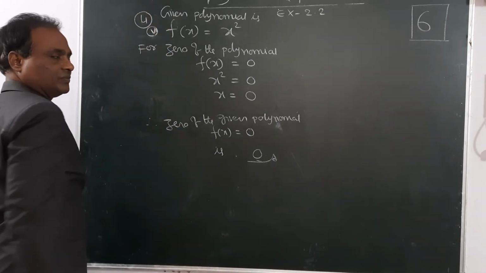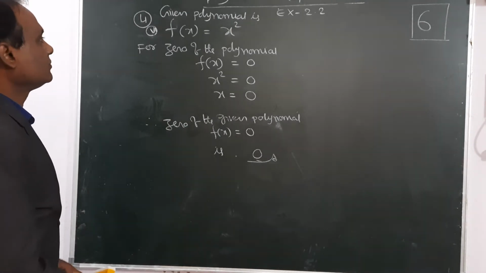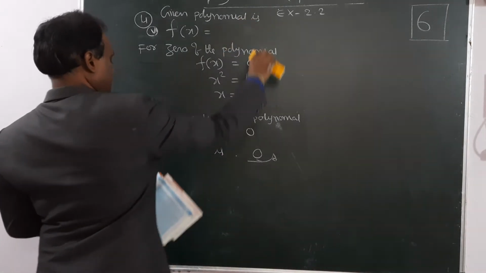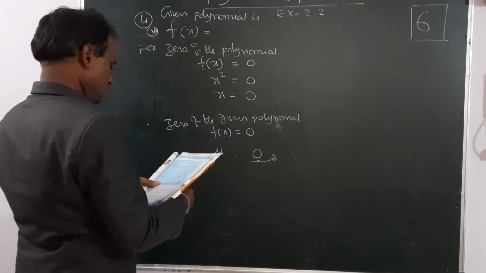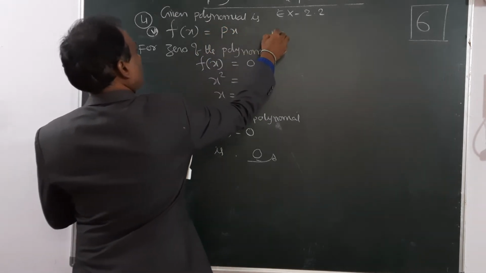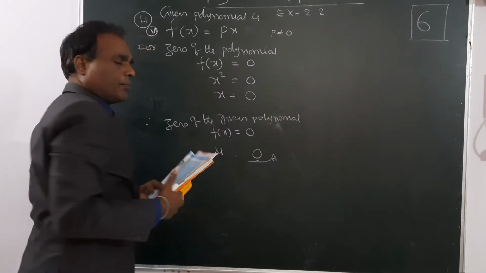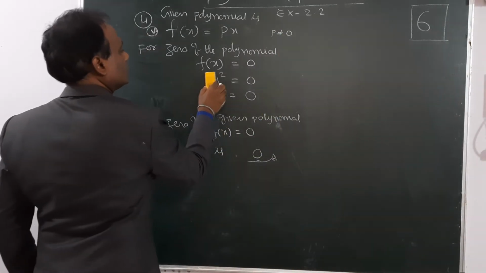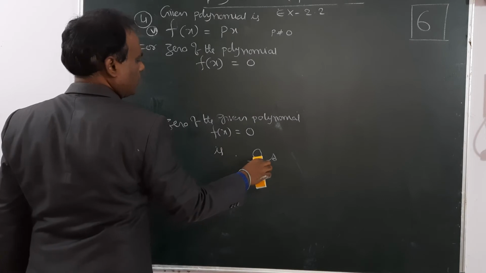Sixth question. Given polynomial is px. What is the 0 of the polynomial?